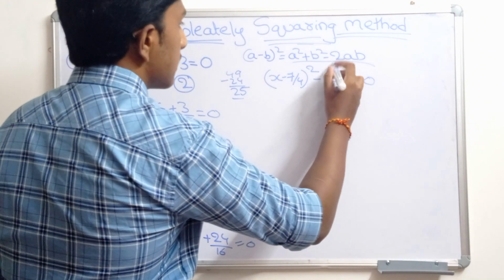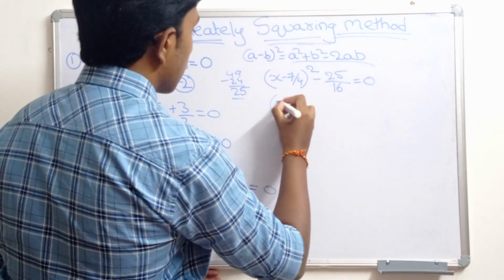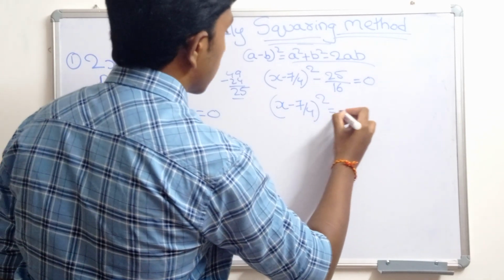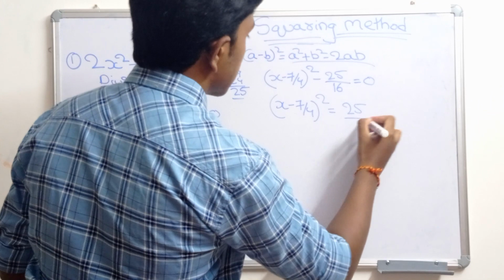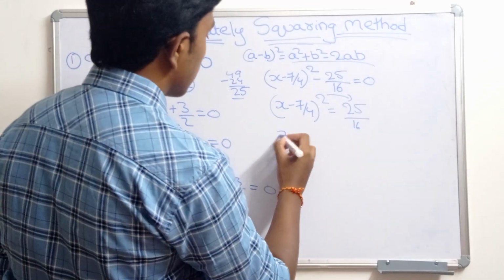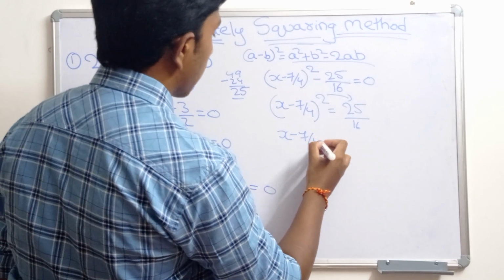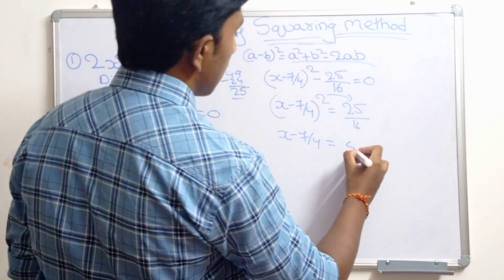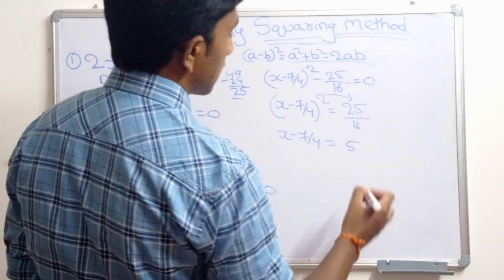That means when you send this term this side, (x - 7/4) whole square is equal to 25/16. When you send this square this side, you will get a root. Square root of 25 means 5 and square root of 16 means 4.